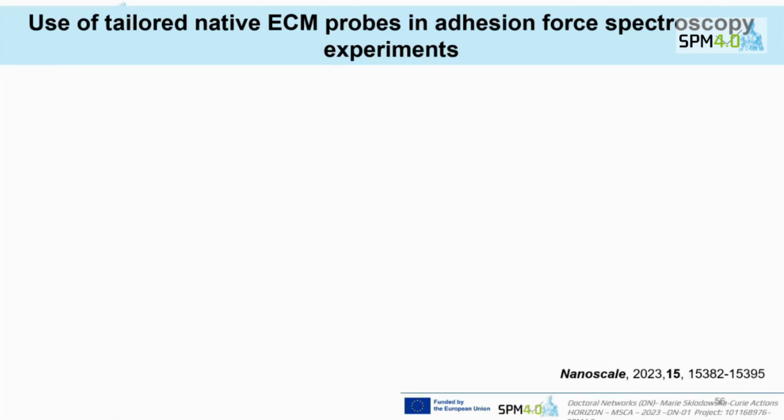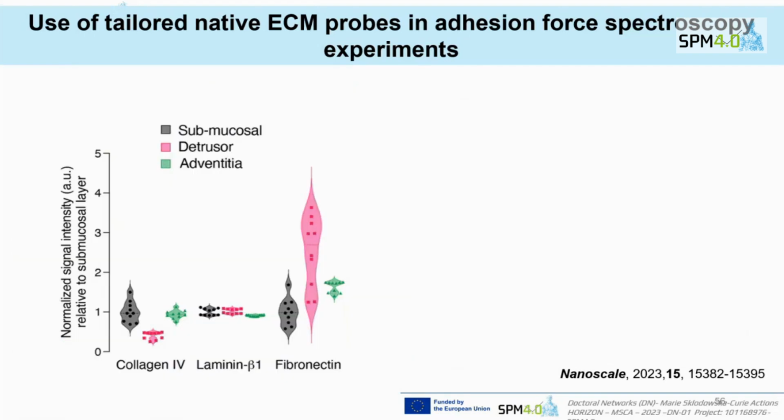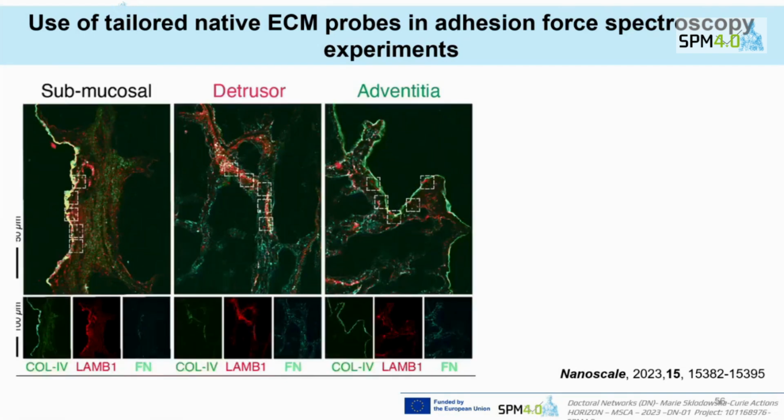And by combining the results of the single cell force spectroscopy and staining of the parts of ECM, they looked at the presence of different ECM proteins: collagen 4, laminin beta 1, fibronectin.